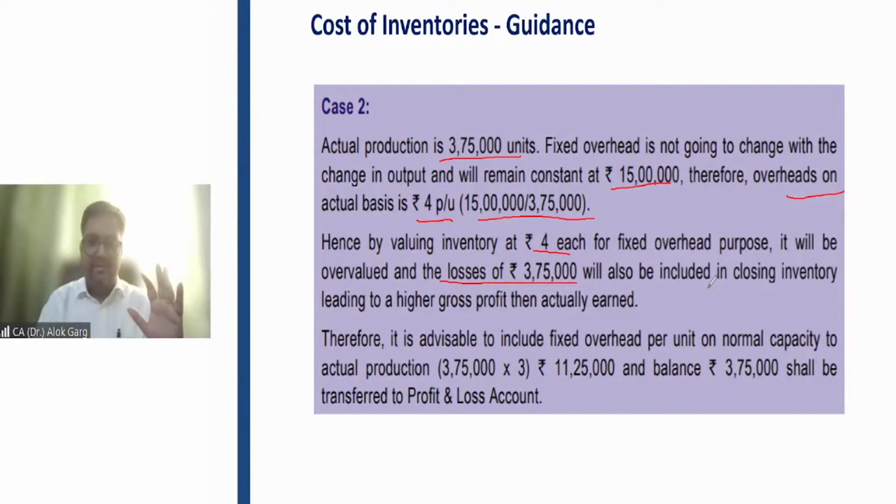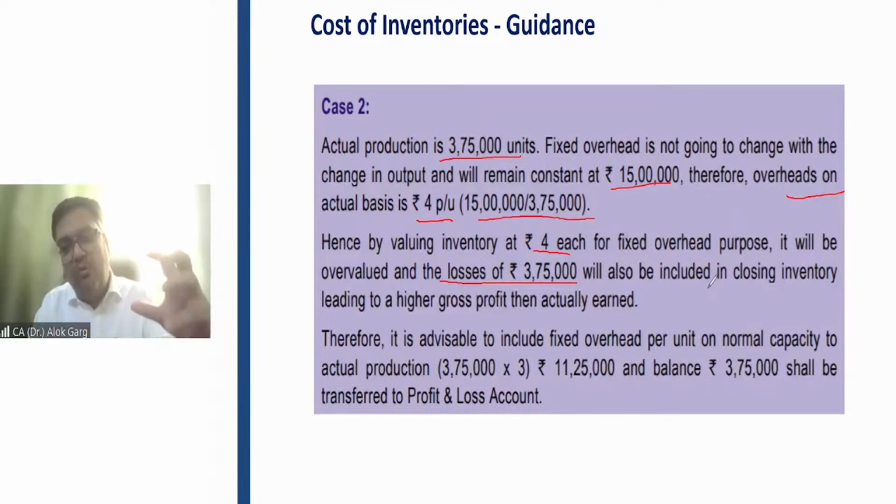You understand? What did I tell you? I have told you that when the actual production is less than the normal production, then there is an inefficiency, and the cost of inefficiency has to go to the P&L. You remember, in our Excel example, the normal production was 5,000 units, the actual was 1,000 units. So what did we do? We absorbed the fixed overhead only on the basis of normal production, that is 20 rupees per unit, and the remaining 80,000 we took to the P&L.